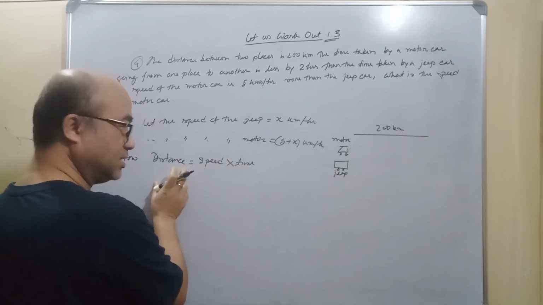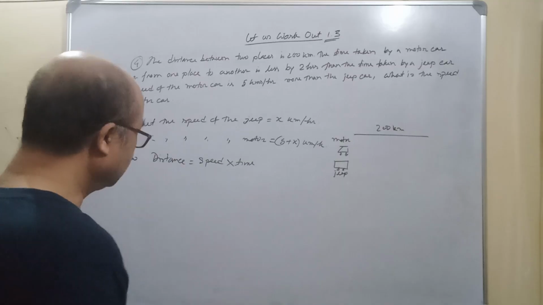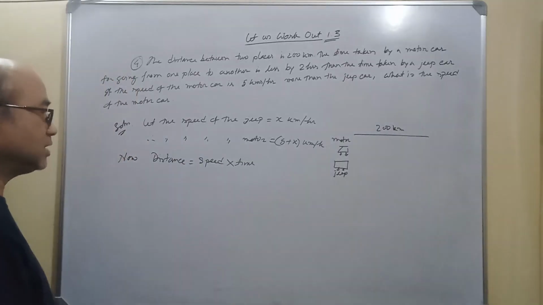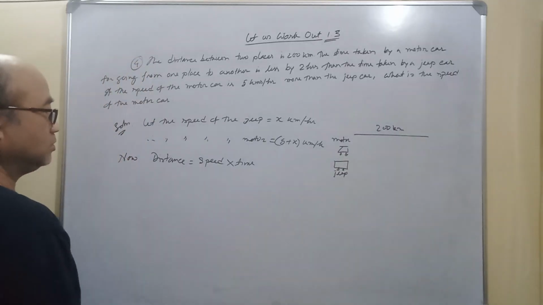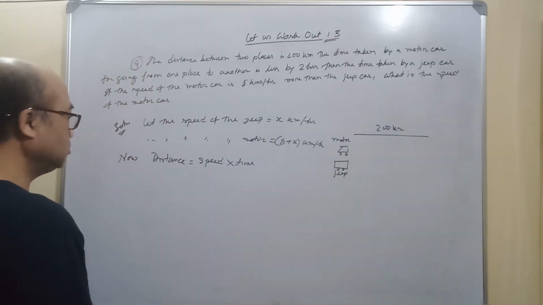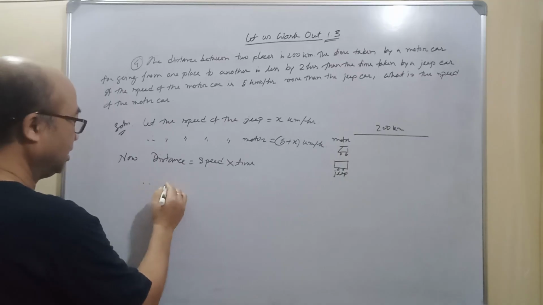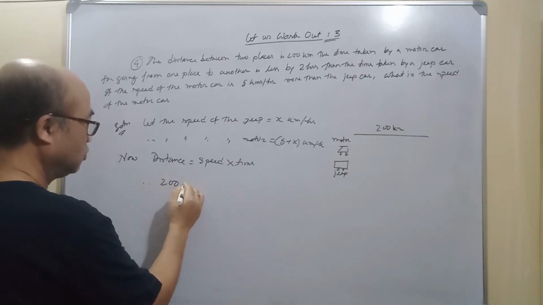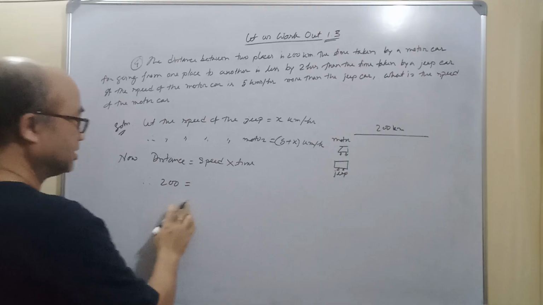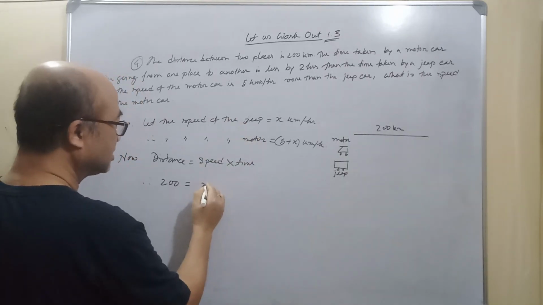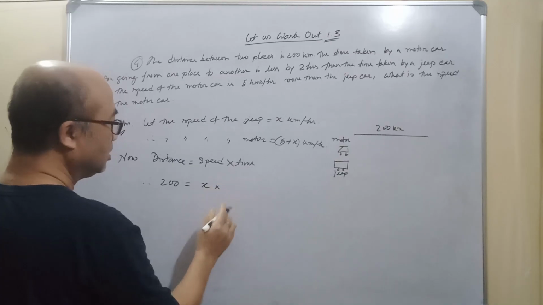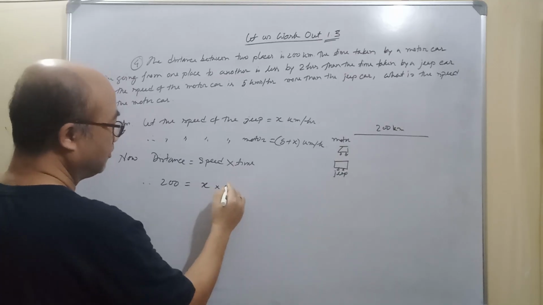So we get the distance. This is the formula. Distance is speed into time. So hence 200, which is the distance, is equal to speed of the jeep, that is x kilometer per hour into time.